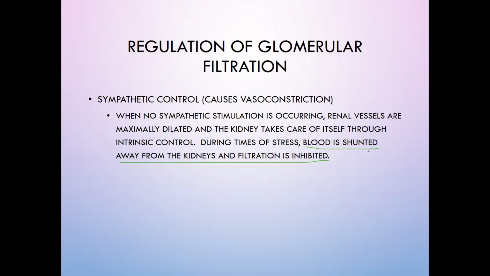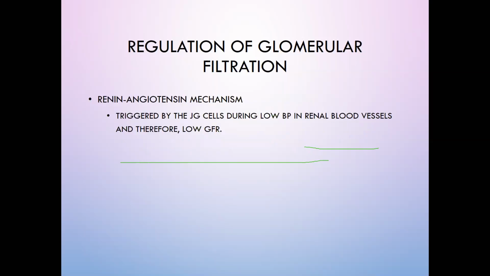Your kidneys are not necessary; they're not a player in sympathetic stimulation at all. So that's that. Oh, whoops, I forgot to clear my drawings. We're not going to do the renin-angiotensin mechanism right now.